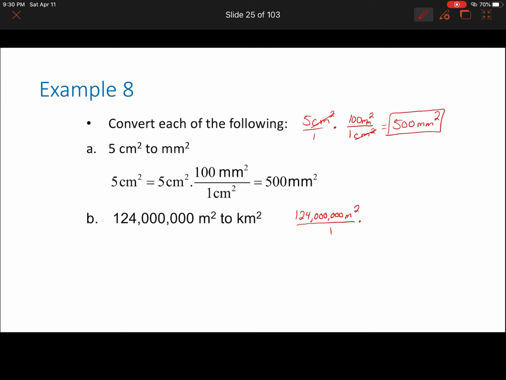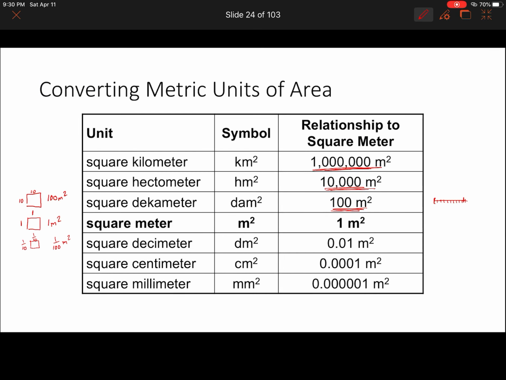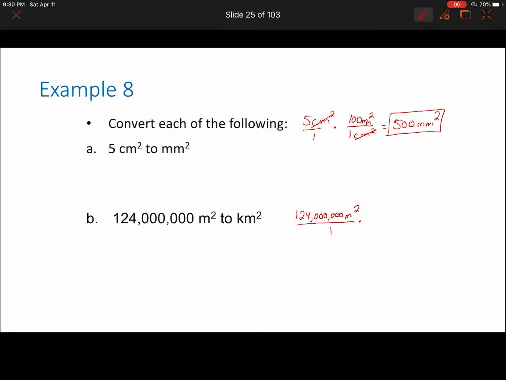Well, how many meters squared are in a kilometer squared? Again, if you go back here, we see that a million meters squared is 1 kilometer squared.